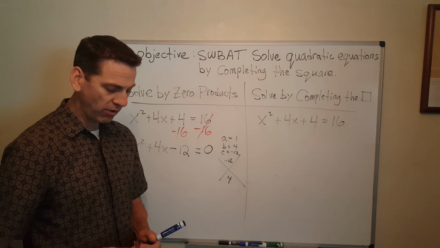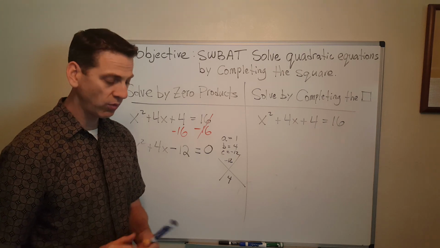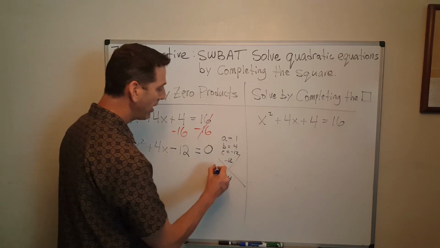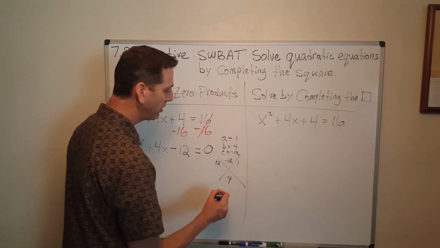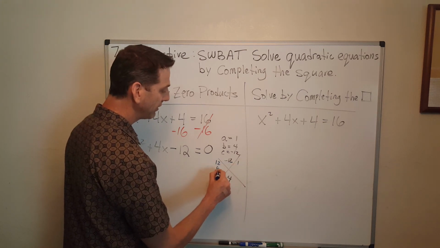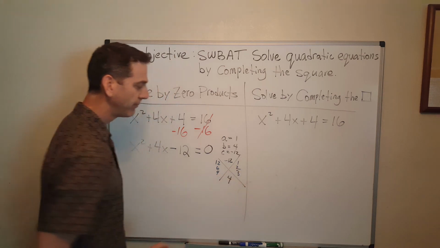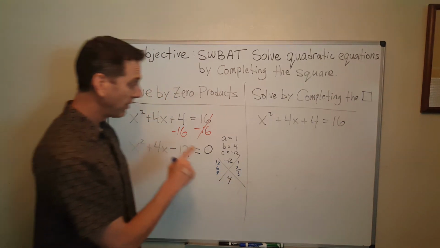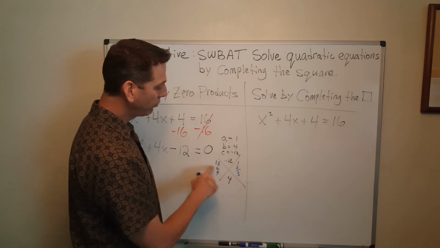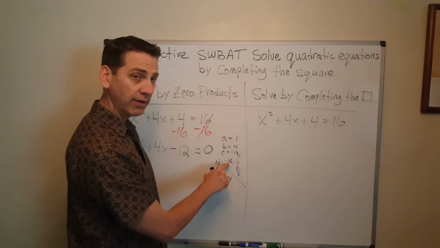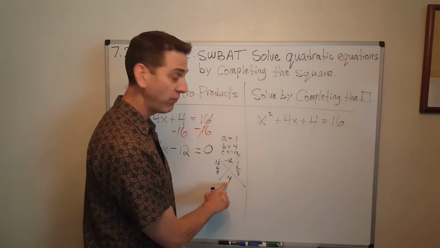Okay, so let's think of all the factors of 12. I have 12 times 1, I have 6 times 2, and I have 4 times 3. All of these will multiply to give me 12, or negative 12, but only one will give me 4.